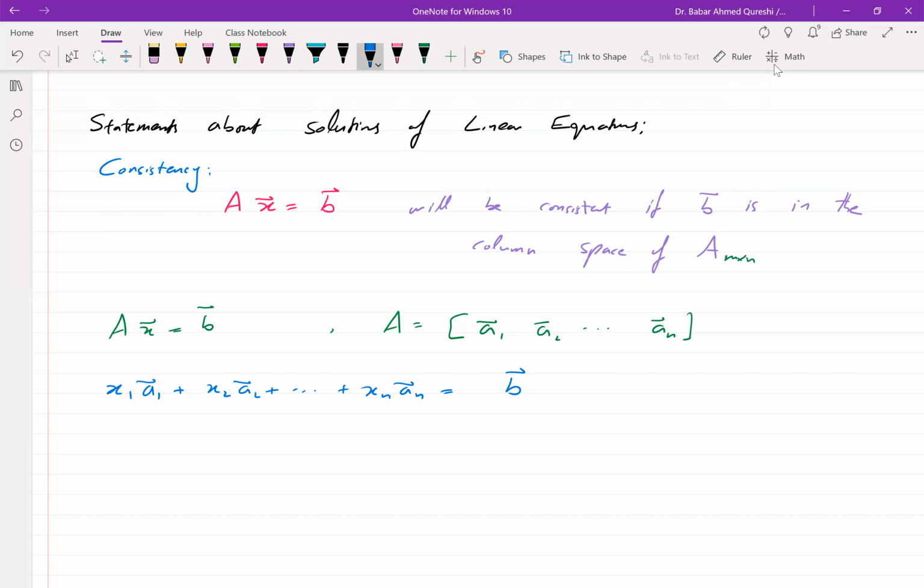So that is equal to B. That's what this equation is saying. But this linear combination lives in the column space, right? Because this is just a span of the columns. It's in the span of the columns. So that means B is just this vector, and it lives in the column space.